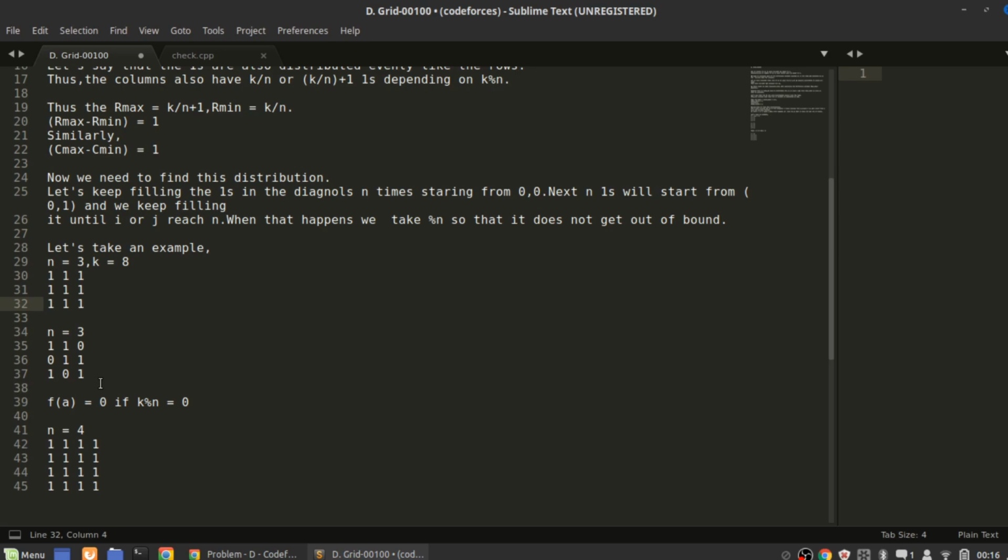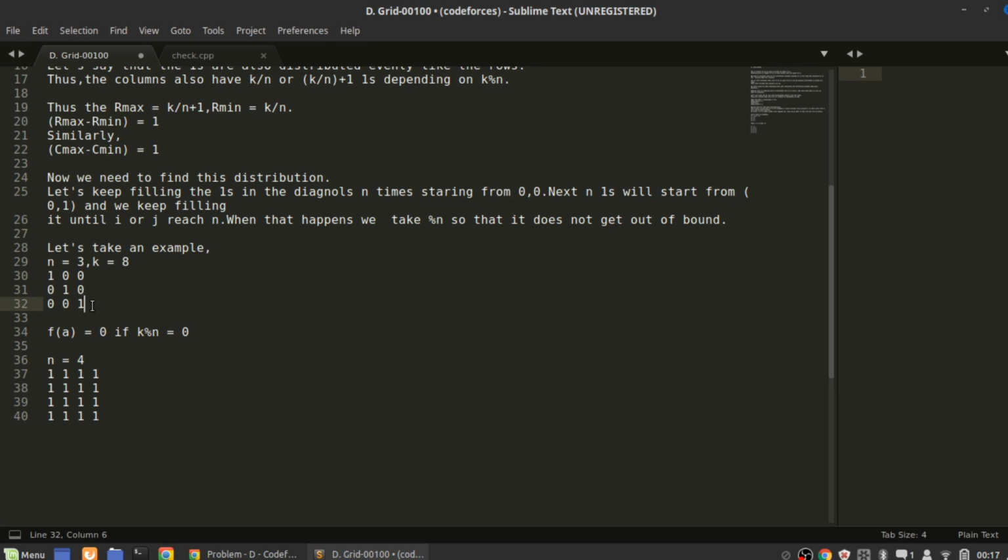Let's say n equal to 3. Let's take a zero array. Now we start filling ones diagonally, and we do that n times. So we start at 0, 0, and we put a 1 here, put a 1 here. So this is 3 ones.